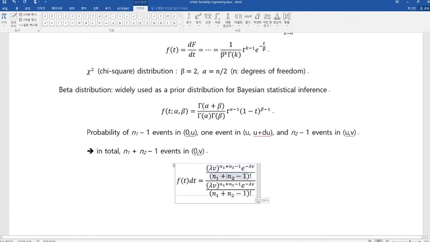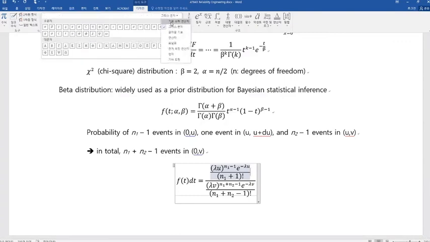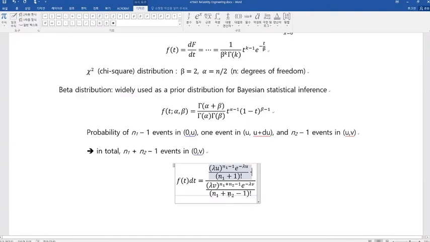The numerator would be, first, there would be n1 minus 1 events between the time 0 and u. The time duration would be this. And after that, there is one event between u and u plus du.